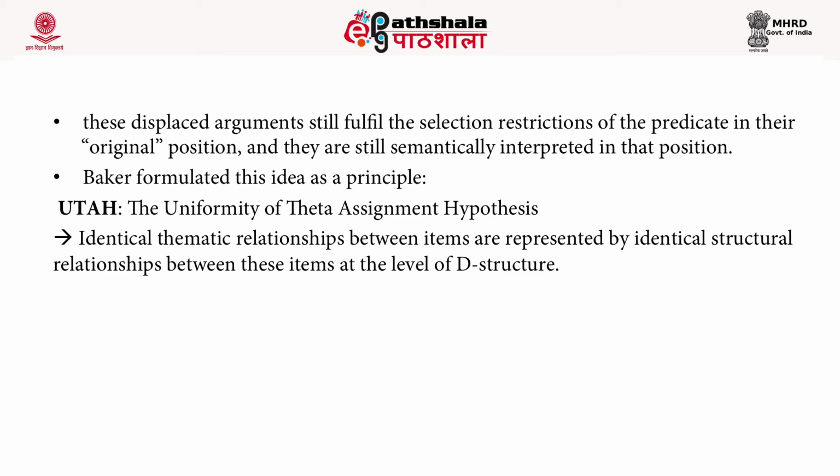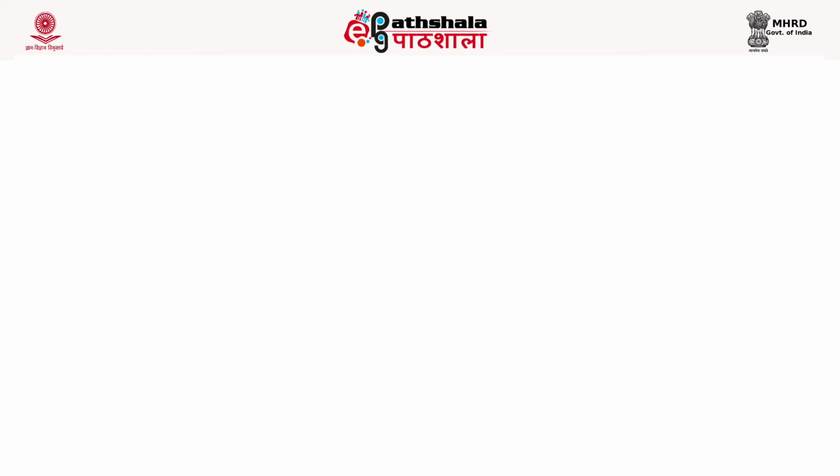Following all this, Baker formulated this idea as a principle, the uniformity of theta assignment hypothesis, which is stated as: identical thematic relationships between items are represented by identical structural relationships between these items at the level of D structure.